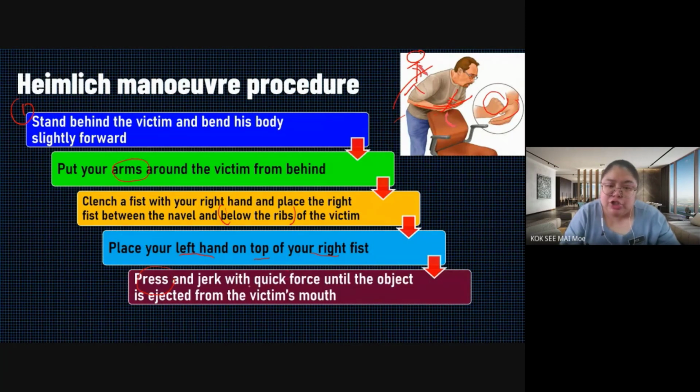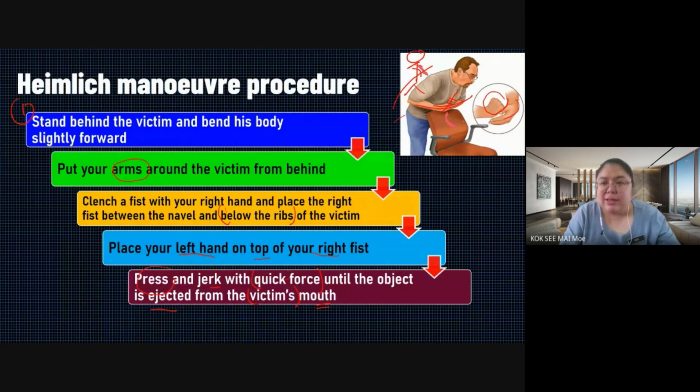Then you do a jerk. Jerk means you lift the person up. Jerk quickly and with force. You must be very fast and produce some force. Use a little strength to lift them up, until the object is ejected from the victim's mouth.